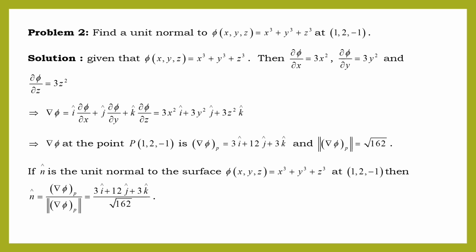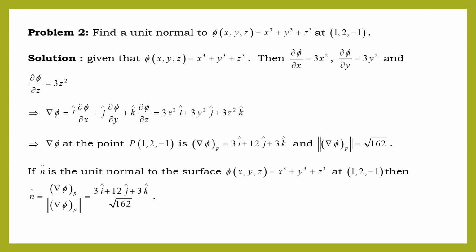Before finding the gradient, we need to find out its partial derivatives, dou phi by dou x, dou phi by dou y, and dou phi by dou z. Dou phi by dou x equals 3x square, dou phi by dou y equals 3y square, and dou phi by dou z equals 3z square.